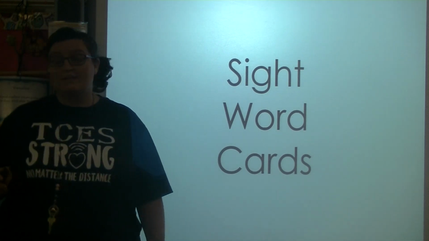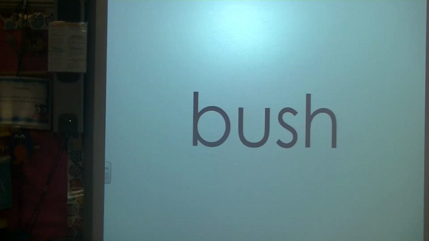All right, sight word cards. Get ready to read these words the fast way.